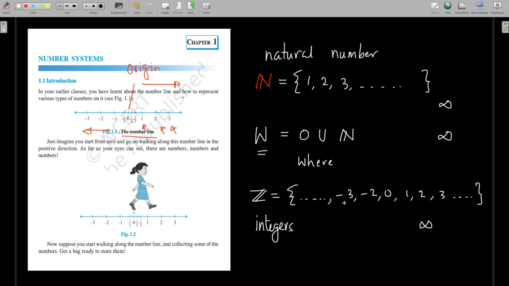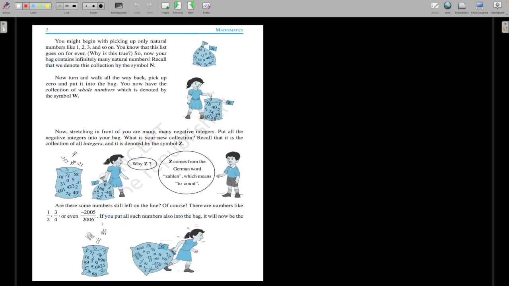So now the next important question is, what happens to lengths which are fractions? Okay, so this forms another set of important numbers, and we call them the rationals. So here there are examples of half, 3 by 4, and also a negative fraction.